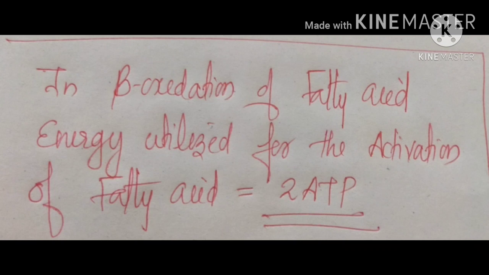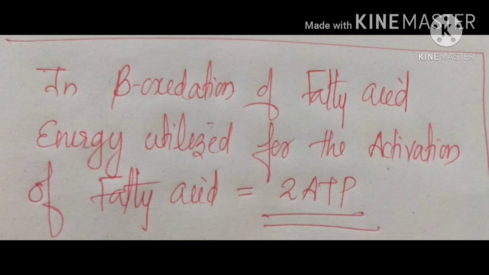These activated fatty acids are then transported from the cytoplasm to the mitochondrial matrix by a transport system known as the carnitine transport system. So remember, for the activation of fatty acid, 2 ATP molecules are consumed.